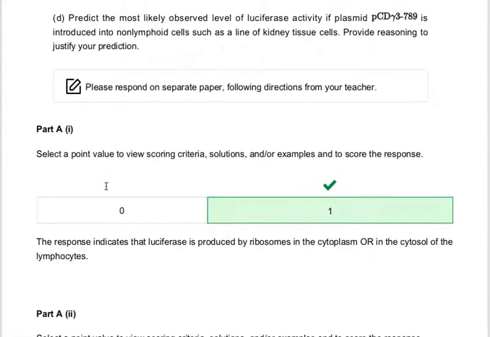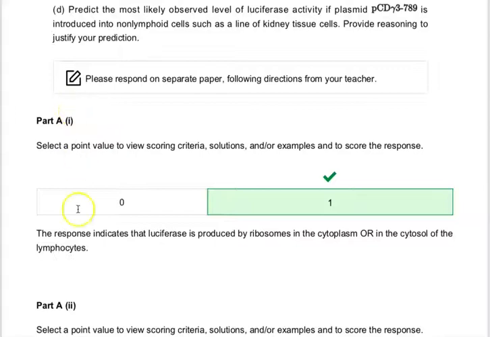If you go into section A1, you can see that the response indicates that luciferase is produced by ribosomes. Of course it's produced by ribosomes, because ribosomes produce proteins. And where does it produce proteins? It can produce them in the cytoplasm or in the cytosol of the lymphocytes.